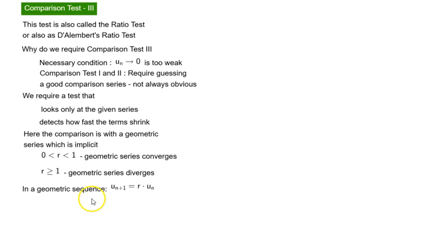Now, in a geometric sequence, u sub n plus 1 is equal to r times u sub n. So, we have r equal to u sub n plus 1 by u sub n, a ratio of two consecutive terms.